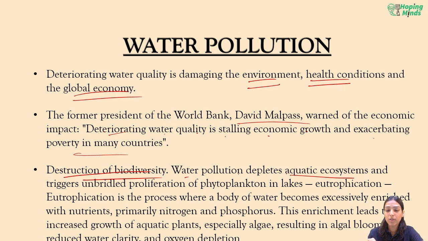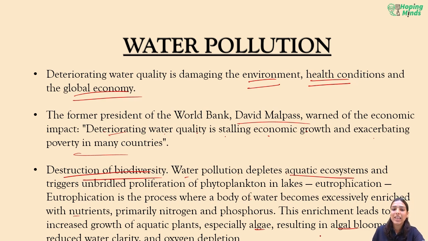Eutrophication is the process where a body of water becomes excessively enriched with nutrients. Nutrients are mostly chemicals, nitrogen and phosphorus chemicals. This enrichment leads to an increased growth of aquatic plants, especially algae, leading to an algal bloom, reducing water clarity and causing oxygen depletion.